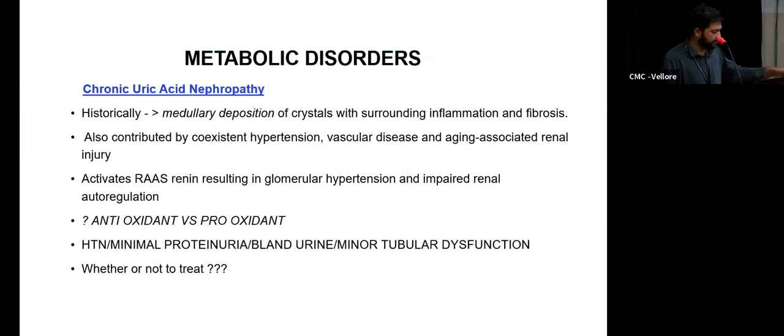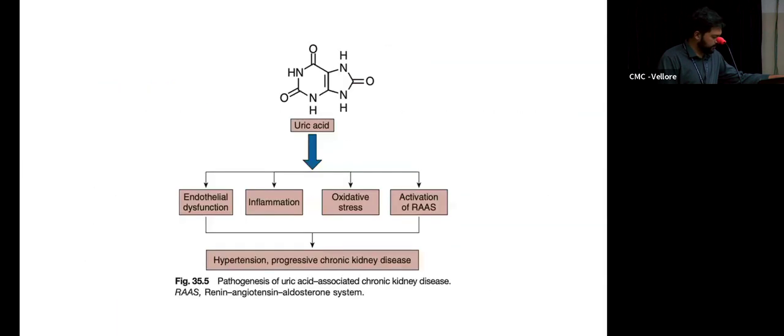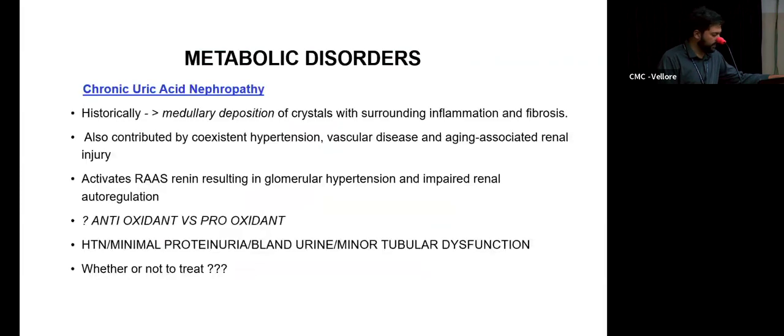Such patients have a phenotype of hypertension, minimal proteinuria, bland urine, and minor tubular dysfunction. Whether or not to treat this is one question. Usually we control the hypertension, and if the patient has symptomatic hyperuricemia, we treat.